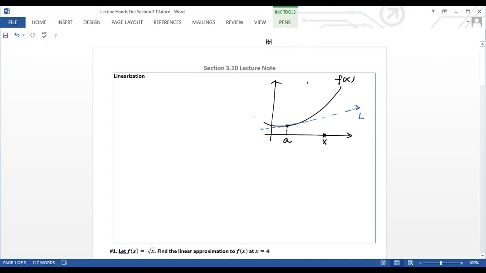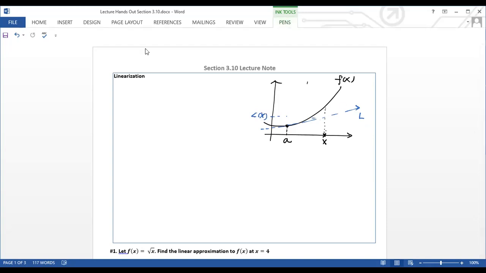If you go up from here, this x is going to touch this line. Let me call this point L of x.